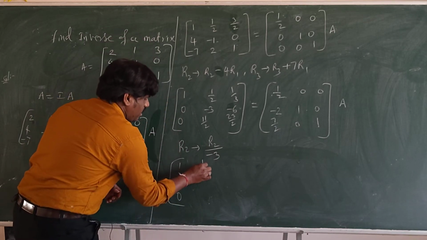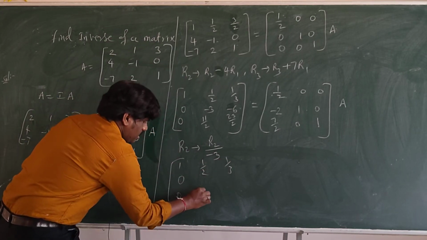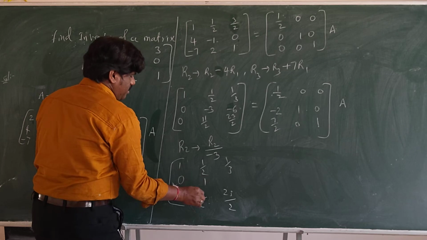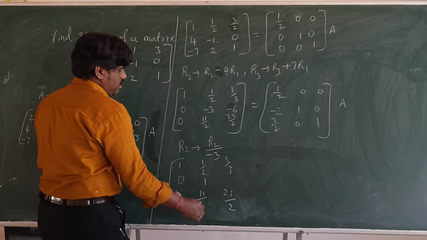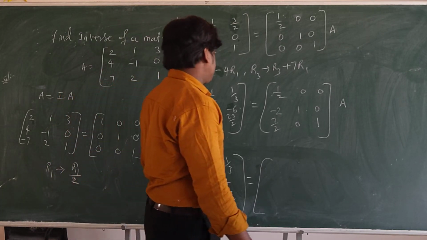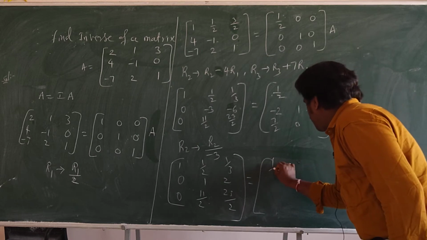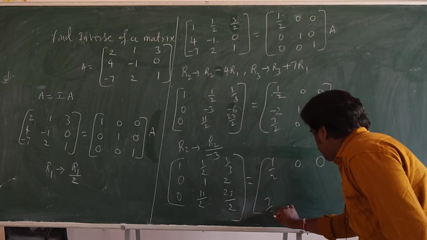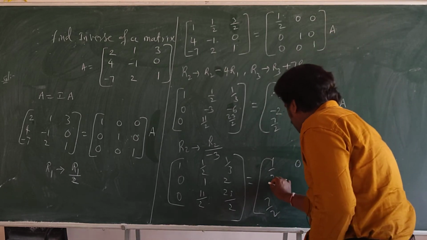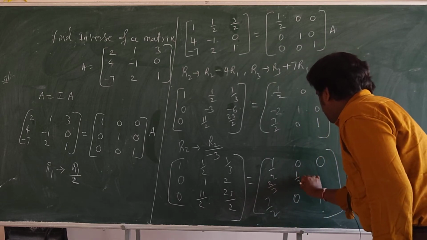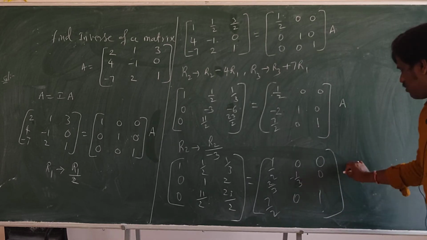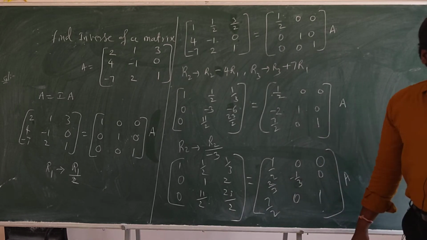Next, half, 1 by 3, 11 by 2, 23 by 2, 1, minus minus cancel, 2, right, is equal to half, 0, 0, 7 by 2, 0, 1. Here it is divided by minus 3: 2 by 3, 1 by 3, 0, minus 1 by 3 into A. Okay, till now we have reached.